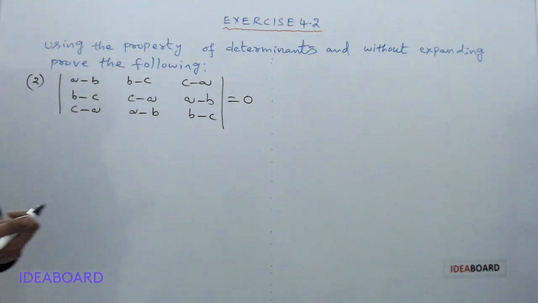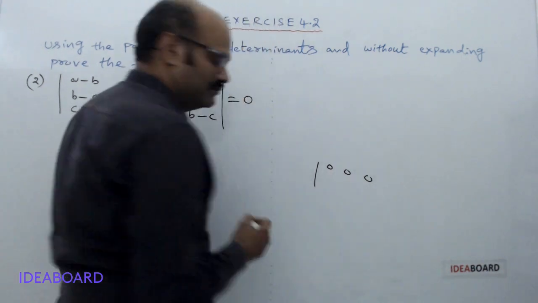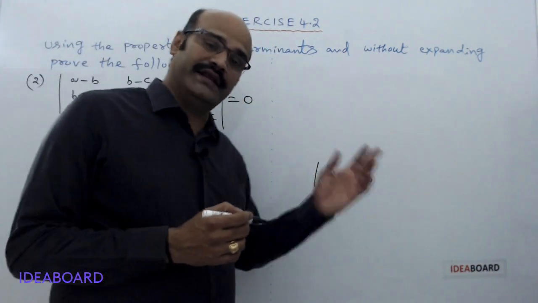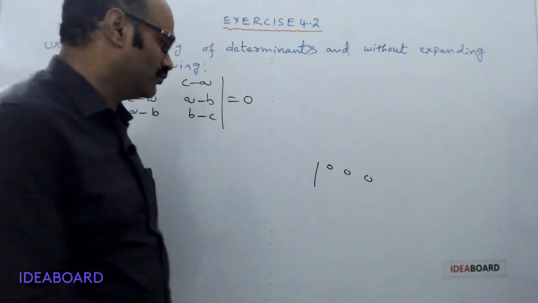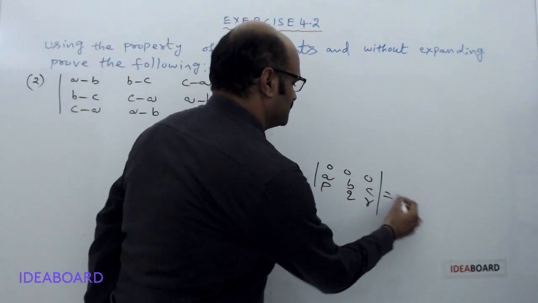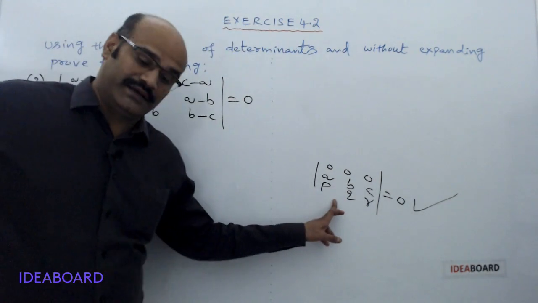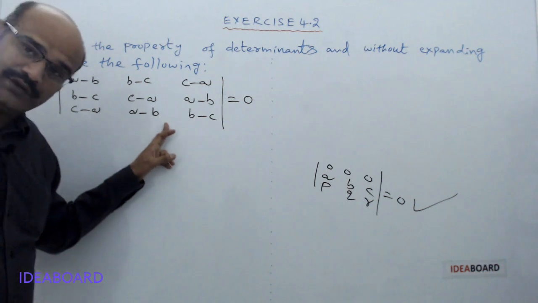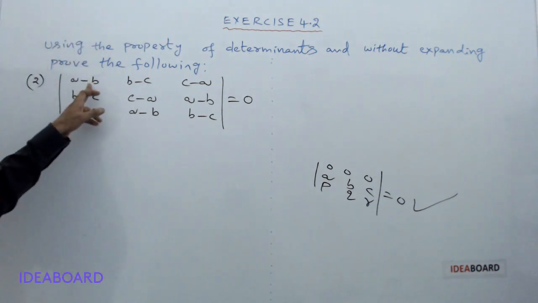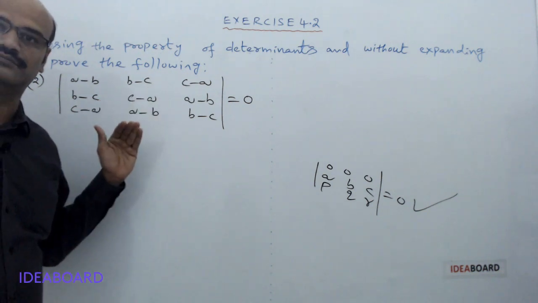We know that if each and every element of any row or any column of a determinant equals 0, then the value of the determinant is always equal to 0. So we try to get each and every element of any row or any column equal to 0.